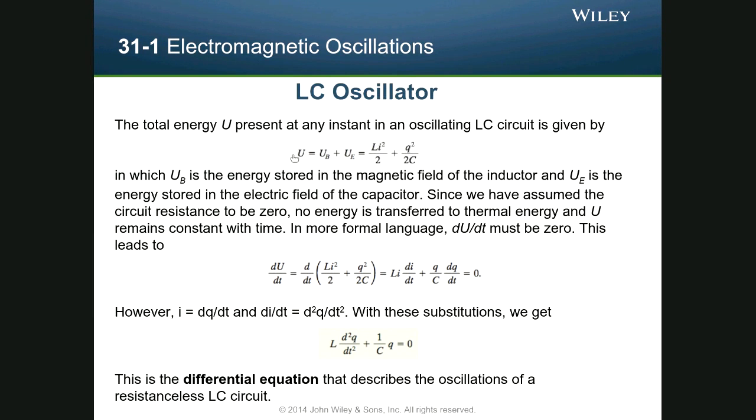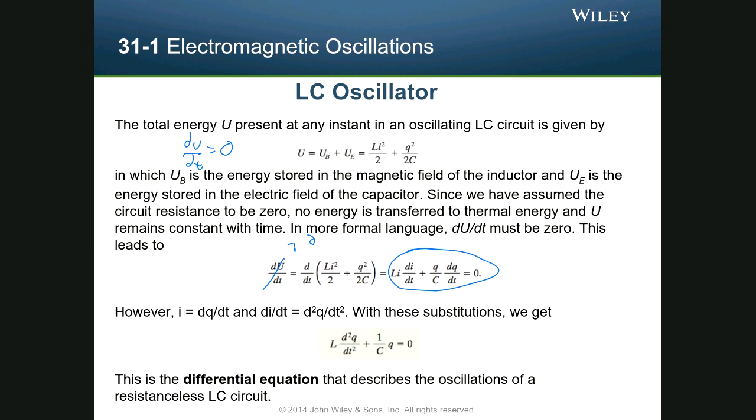There's no loss and there's no gains. So in that case, the energy is constant, or we could say that dU/dt is equal to 0, right? So when you do that, this part becomes 0, and you get this differential equation.